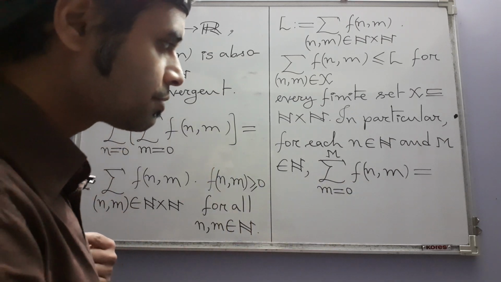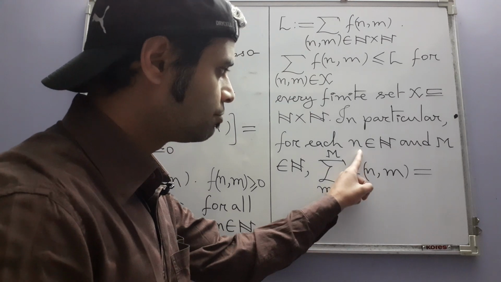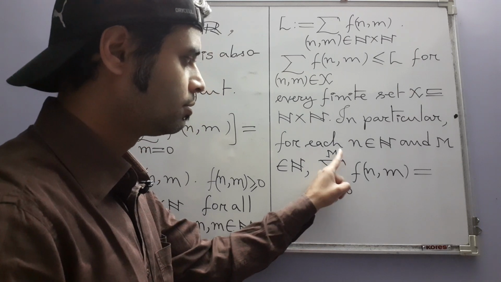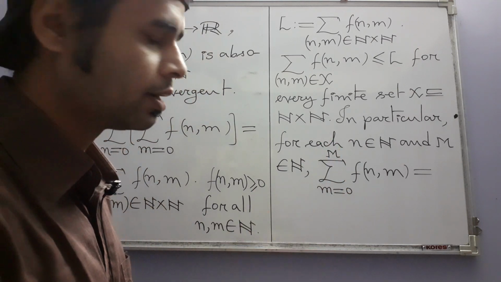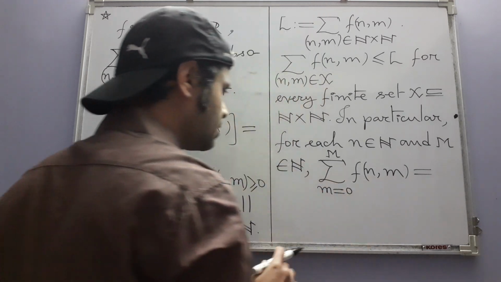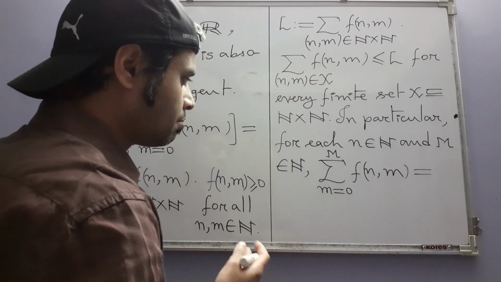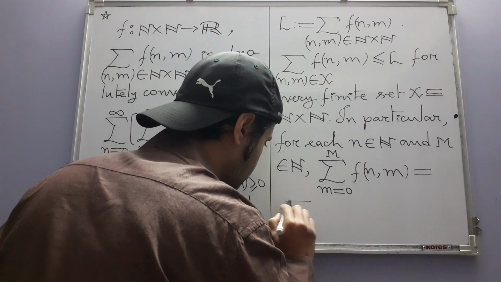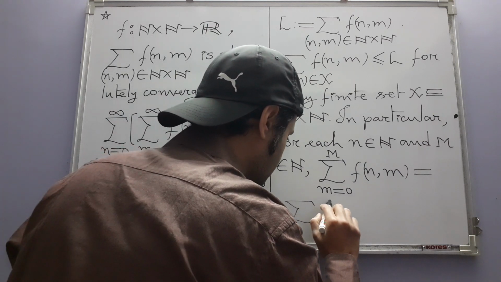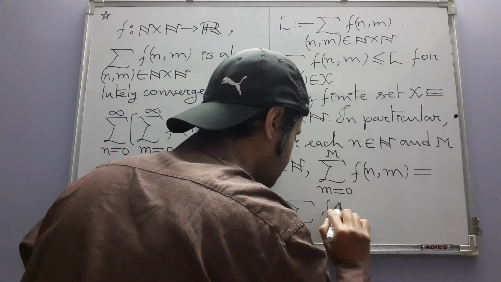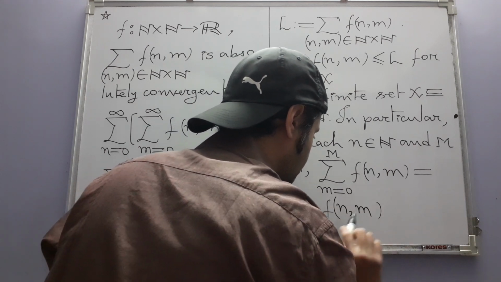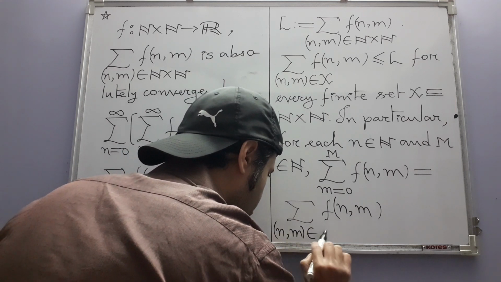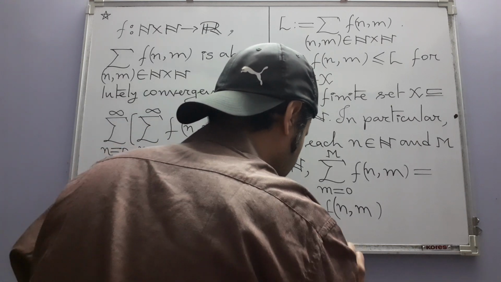Note that in this finite series n is fixed but m is changing from 0 through capital M. Okay, so this finite series can also be written as a finite sum, by properties of finite sums, as this sum, summation f of n comma m, where n comma m belongs to this set.